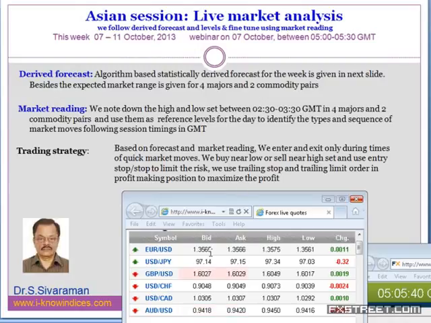And last week, if you notice, Euro made a drop from the 1.3650 to 1.3550 area, a 100 pip drop. Whereas GBP made a drop from the 1.6250 area to the 1.600 area, about a 250 pip drop. When they made a drop of this nature, what happened?